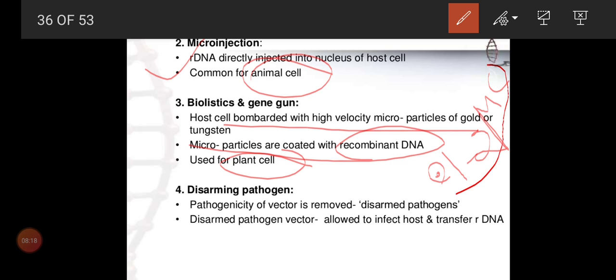If it is beyond that, we can't inject it, so we need to make microparticles. This is your gene of interest, and we are surrounding it with gold or tungsten. Together we can call these microparticles.